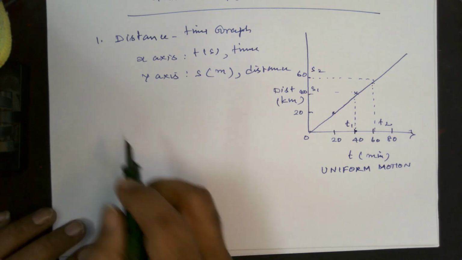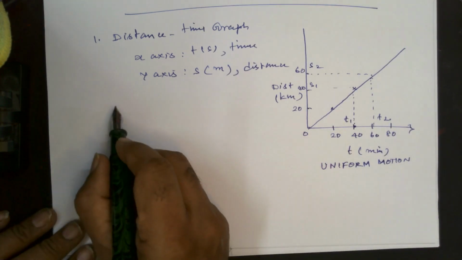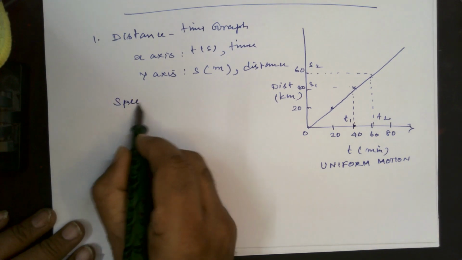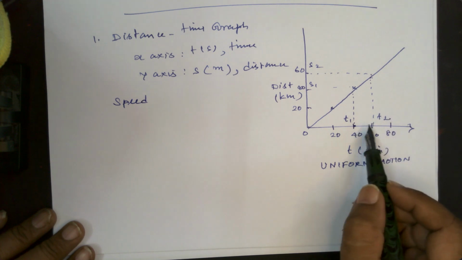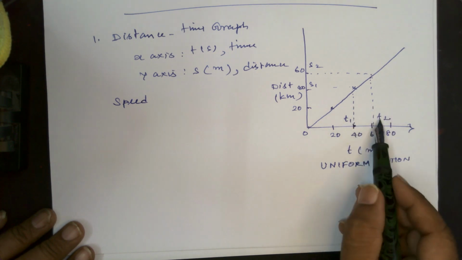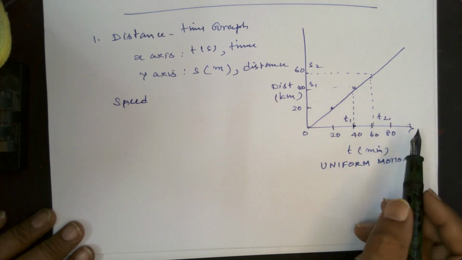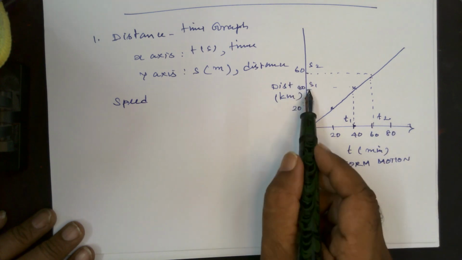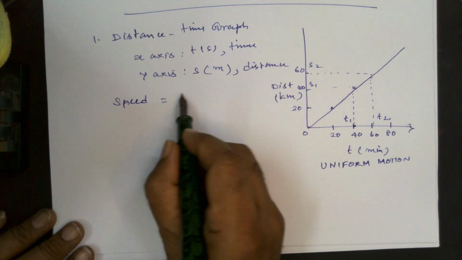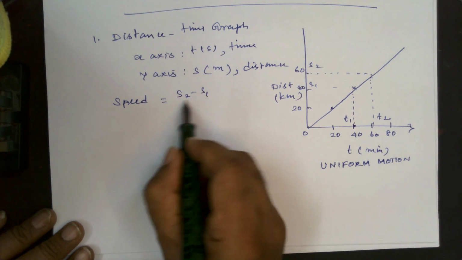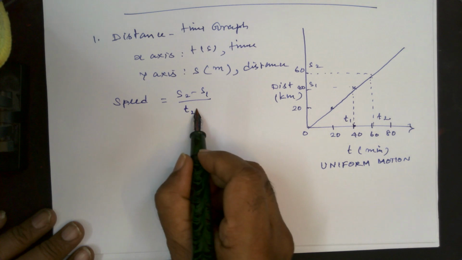Now we can determine the speed based on this. So what is speed? Speed is equal to S2 minus S1 divided by T2 minus T1.